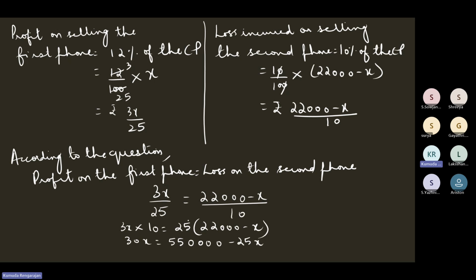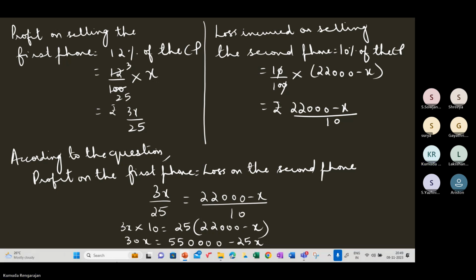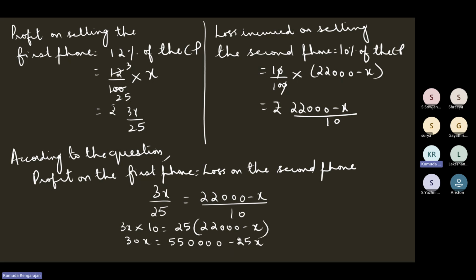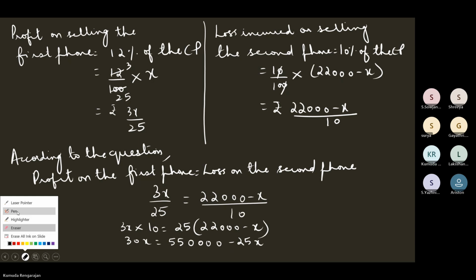You need to multiply 25 with 22,000 and 25 with minus x also. 25 into 22,000 is 55 followed by 4 zeros, and 25 into x is 25x. Cross multiply. 3x into 10 is equal to 25 into 22,000 minus x.